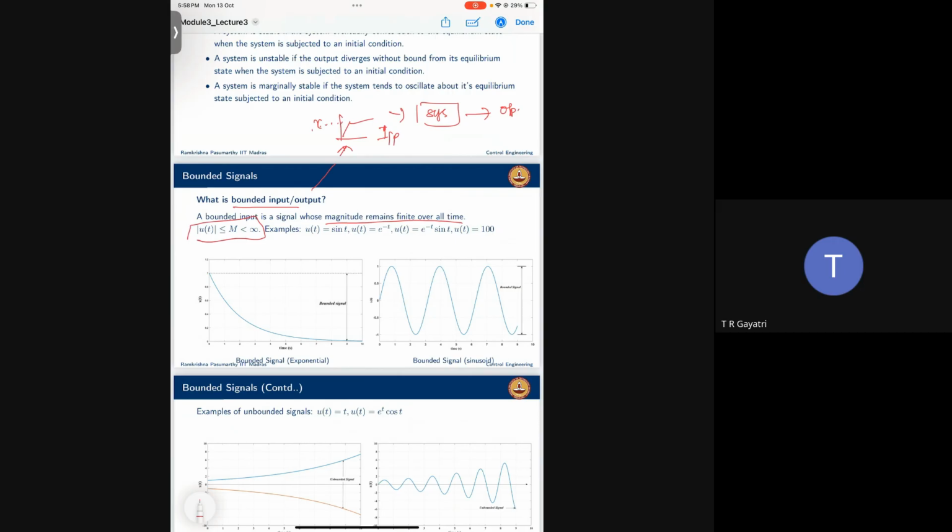Mathematically, you can represent it like this: u of t, a signal, will always be less than some M, which is less than infinity. This M won't go to infinity anytime. M is a finite bound. It can be 10, 100, 50, 1000, a lakh, but always it will be finite. You can count it using some known numbers. That's the explanation for a bounded input.